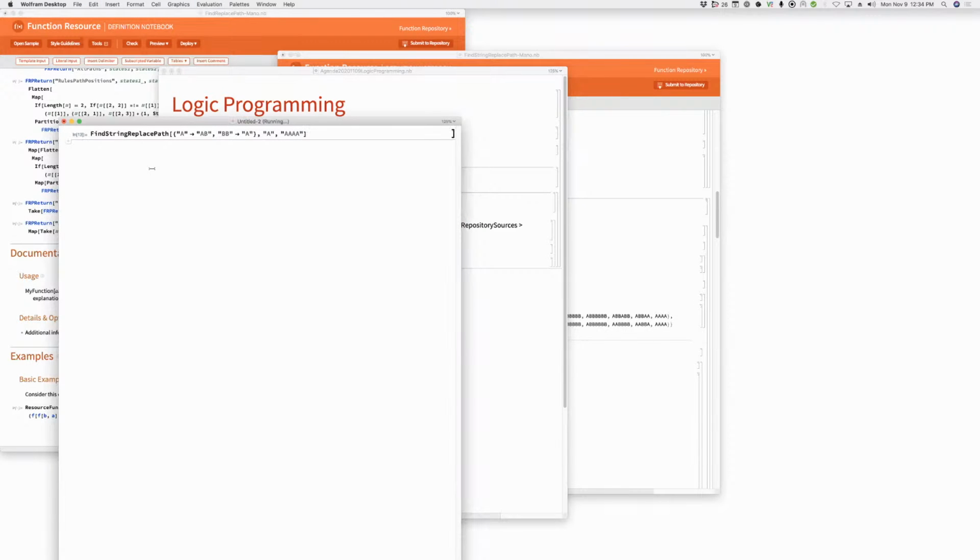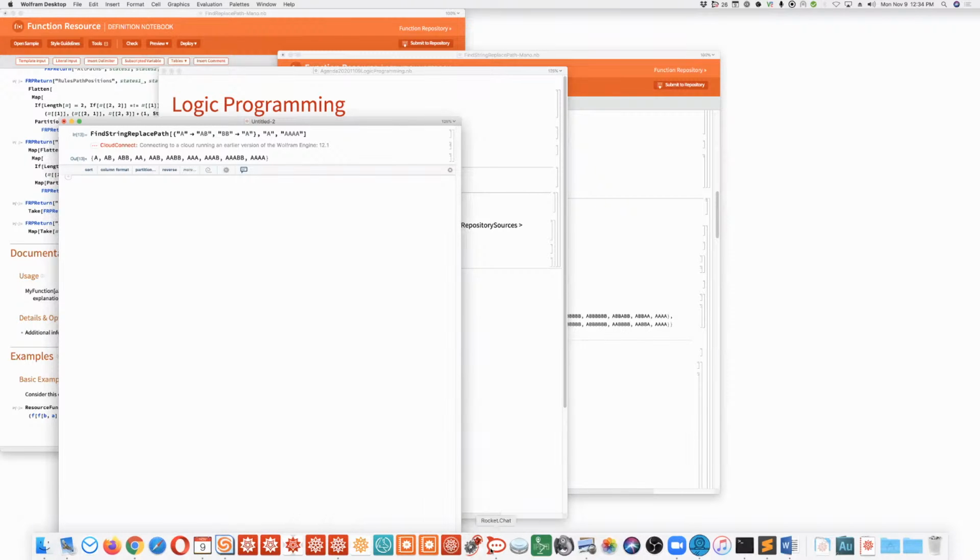Okay. So people understand what this is doing, yes? This is saying, what's a way of putting together those rules to get from A to B, right? Yes? Understand? Okay.